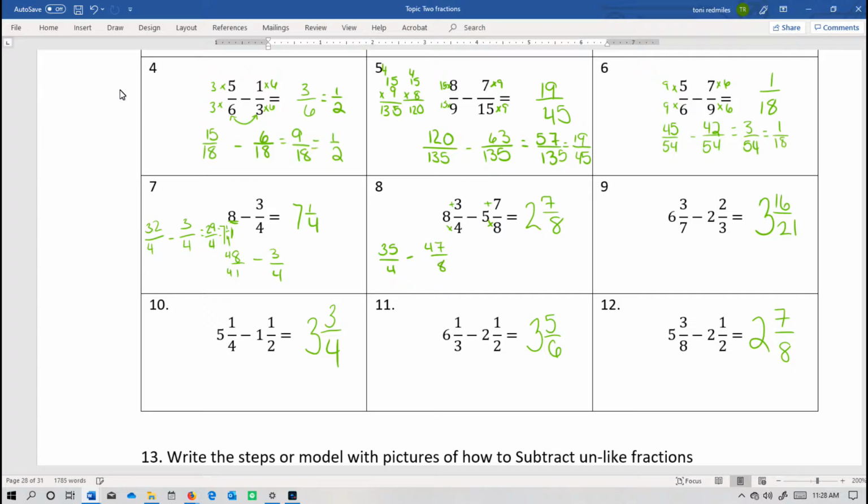For a brief second, it looks like we can't do this because 47 is bigger than 35, but I still got to find a common denominator. Now we're going to do it the method where we multiply, and my common denominator is a 32. It means timing this by 8, timing this by 4. So now I have 32 over 8 times 35.